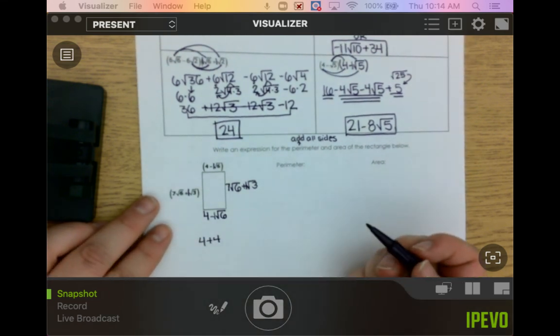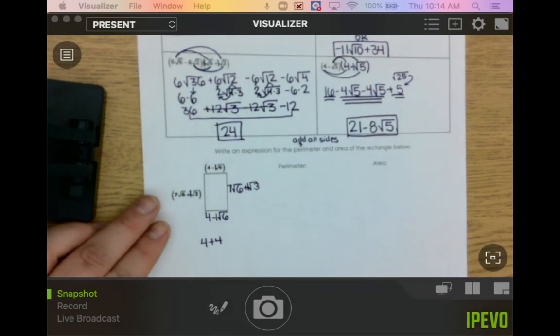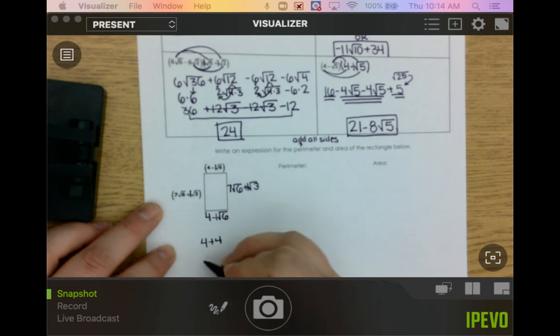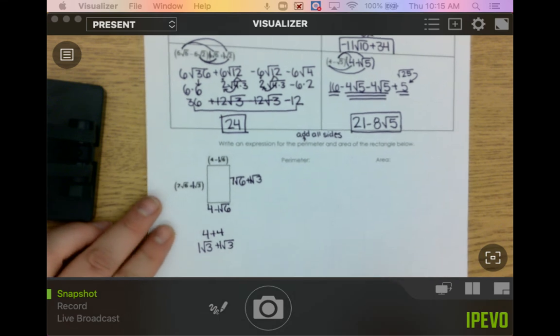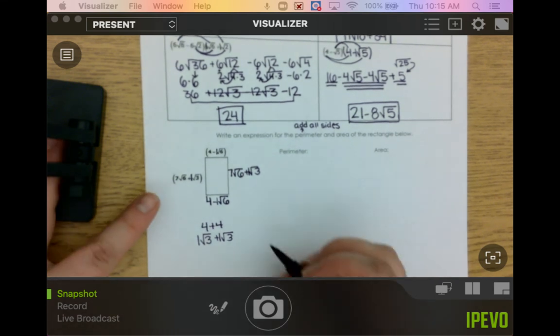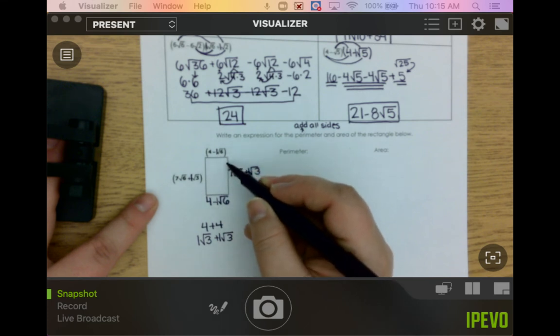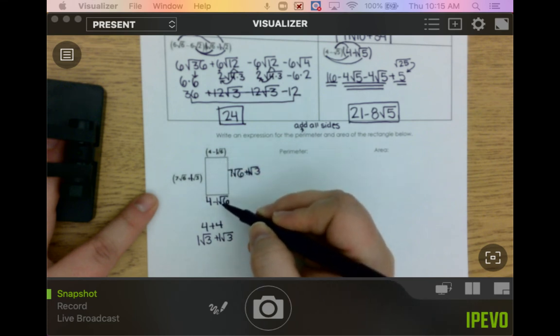And then I'm going to go on the lookout for all of my square roots of 3. So I have 1 square root of 3 and 1 square root of 3. And then I'm going to go on the lookout for my square roots of 6. 7 square roots of 6, -1 square root of 6, 7 square roots of 6, -1 square root of 6.